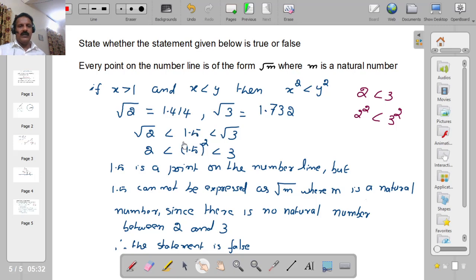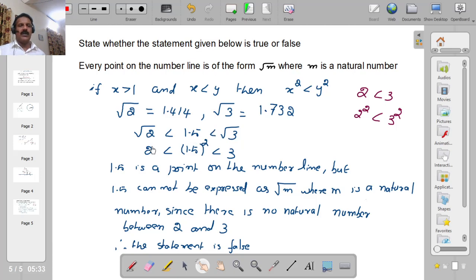Therefore 1.5 squared is a number lying between 2 and 3 by this property: if x is less than y, then x squared is less than y squared. This property is applied to both root 2 and 1.5 and also to 1.5 and square root of 3.